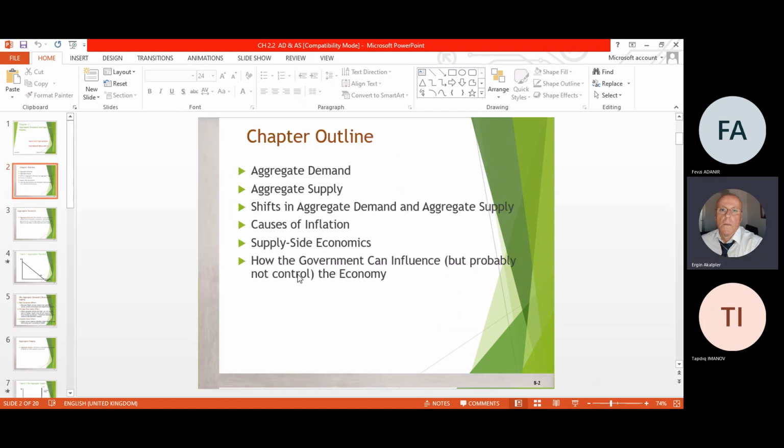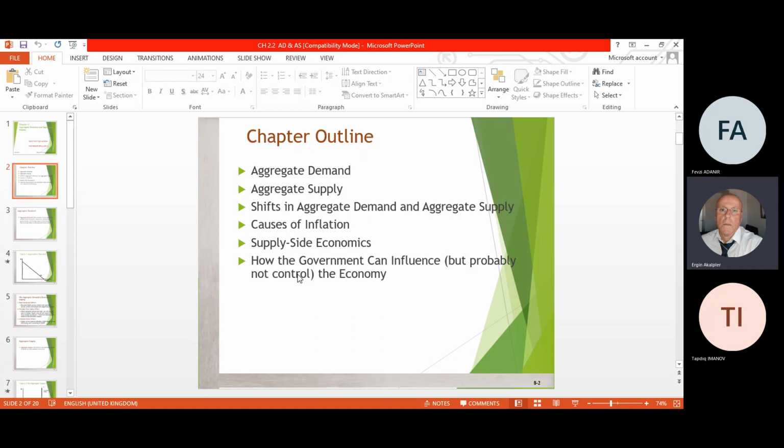Aggregate supply and aggregate demand, as you know, supply and demand curves are directly related with production and consumption. In macroeconomics, aggregate supply and demand relate to the nation's level of demand and activity in consumption, the so-called demand capacity of the economy.